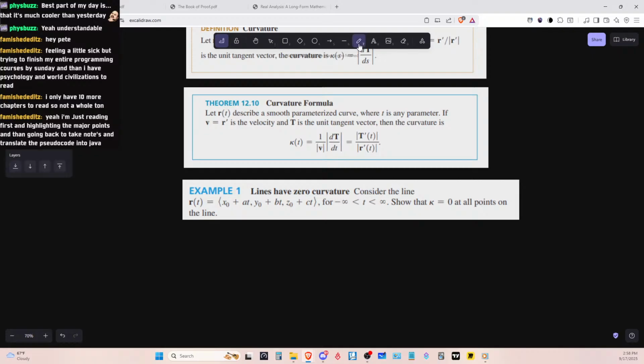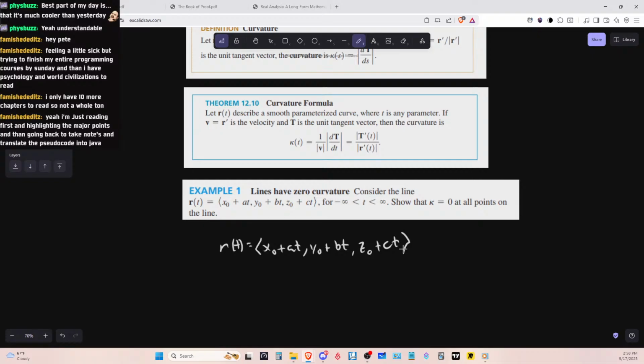So we have R, which is the vector. Okay, show that kappa is equal to 0 at all points in the line.